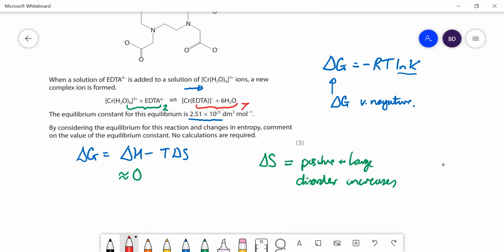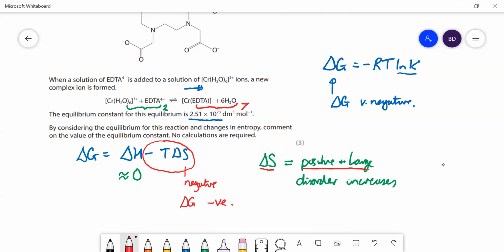So you've got 7 aqueous species there. So the amount of disorder has gone up considerably. So delta S is large and positive. That is going to make this negative, because T can only have a positive value, of course, the absolute temperature. And that in turn is going to make delta G very negative.